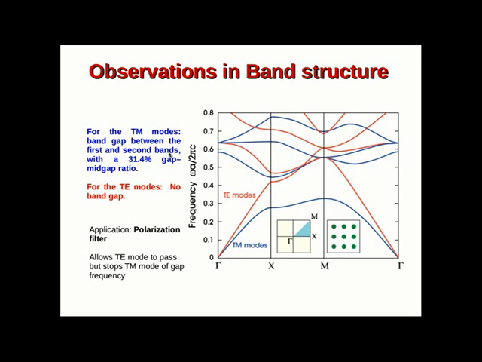What is the advantage of this type of structure? The advantage is it can be used as a polarization filter. If we allow a frequency lying in the gap region of TM polarization to pass through it, it will not pass through, it will be blocked. But if that frequency is of TE polarization, it will be allowed to pass through.